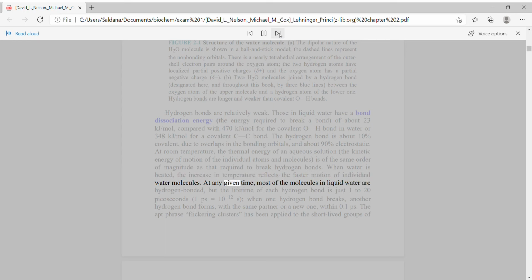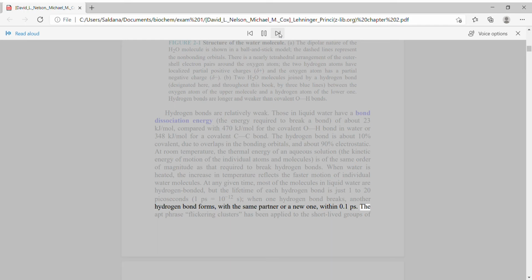At any given time, most of the molecules in liquid water are hydrogen bonded, but the lifetime of each hydrogen bond is just 1 to 20 picoseconds (1 ps = 10^-12 s). When one hydrogen bond breaks, another hydrogen bond forms, with the same partner or a new one, within 0.1 ps.